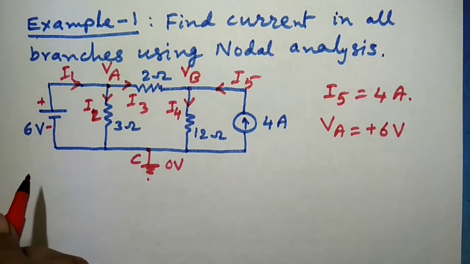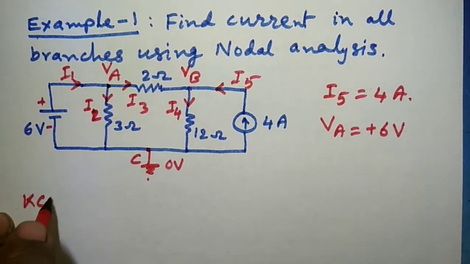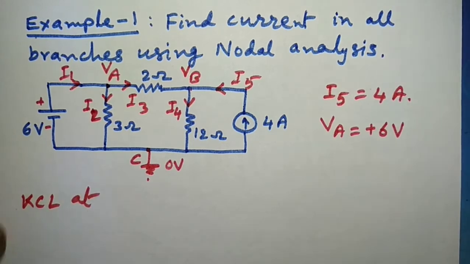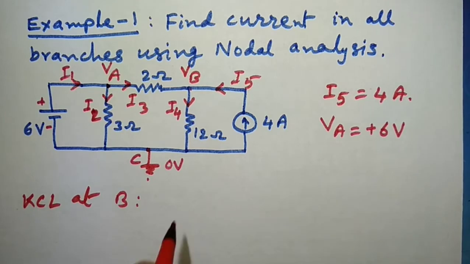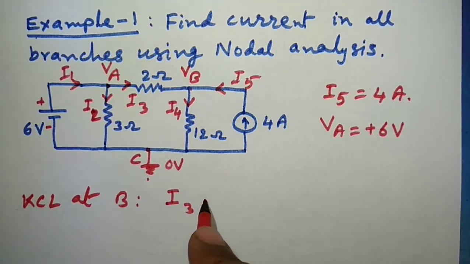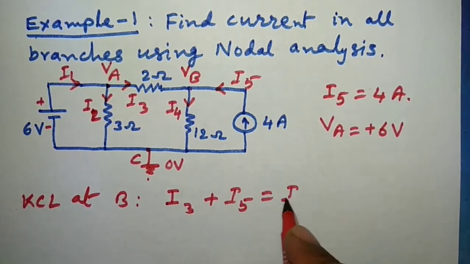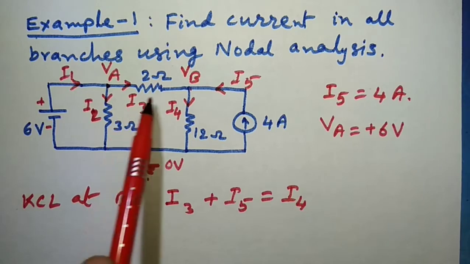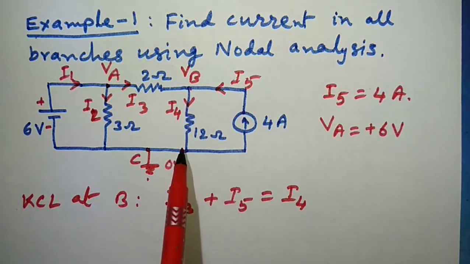Now apply KCL at junction B. Then we can write I3 plus I5 equal to I4. I3 is the incoming current, I5 is the incoming current and I4 is the outgoing current.